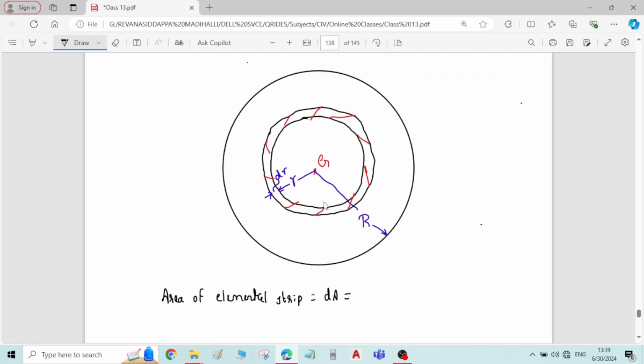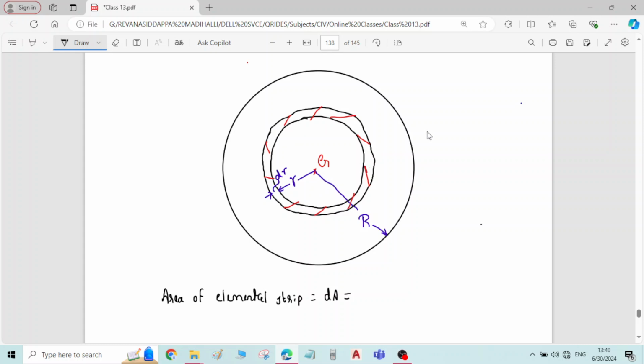So how to find the area of the elemental strip? I want the area of only the shaded portion. What you do is you find the perimeter of the inner circle and multiply by the thickness. You will get the area of the elemental strip.